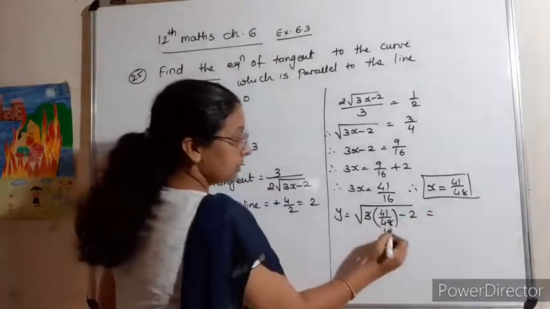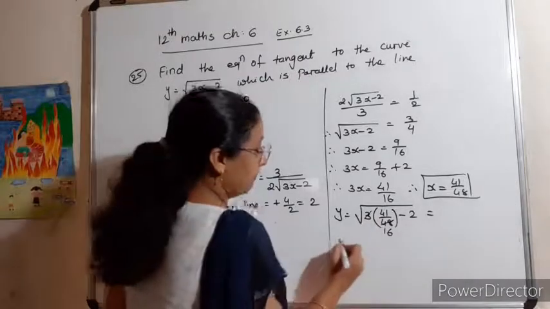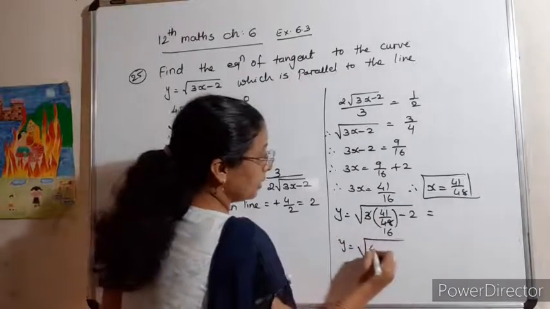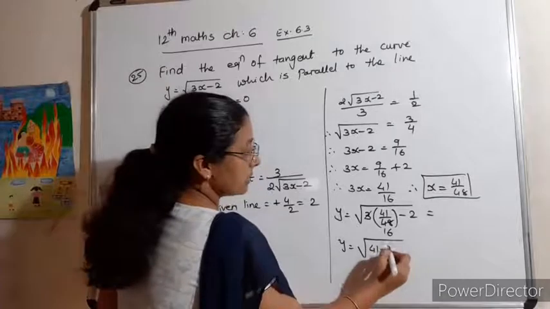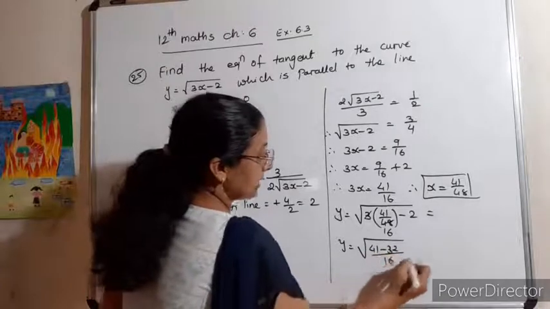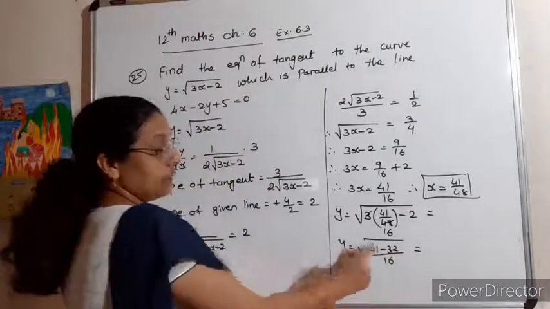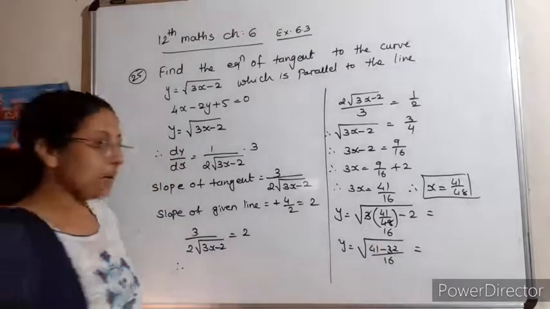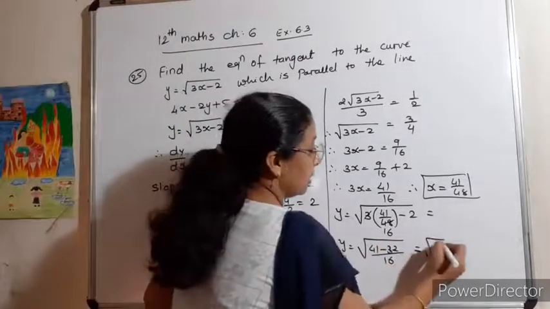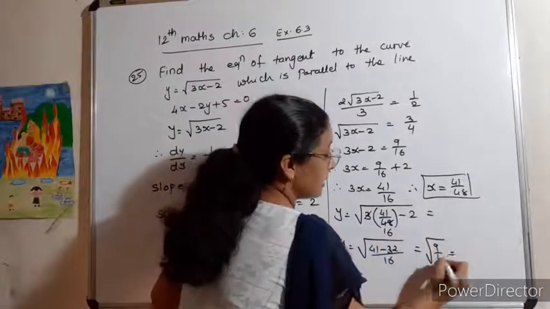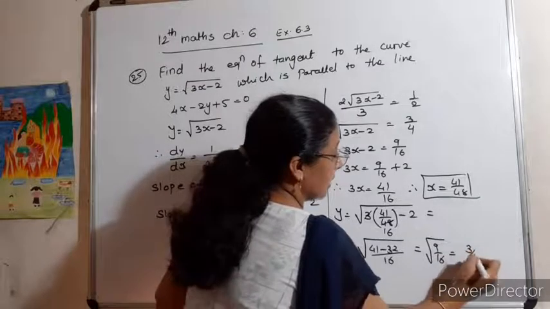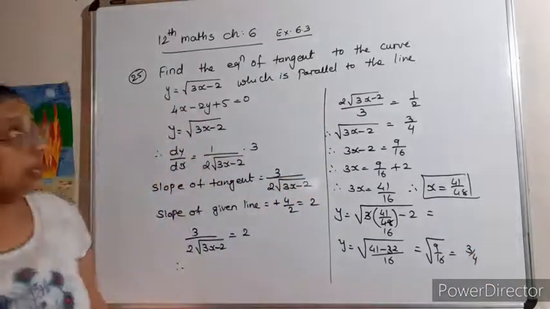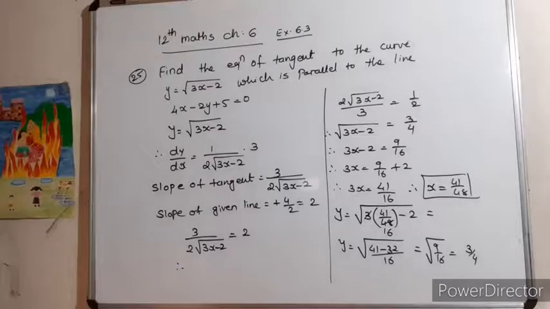So 3 16s, and y is equal to (41 minus 32) by 16. So that is 41 minus 32, again 9 by 16. So here 9 by 16, that is 3 by 4. So the value of y, what did we get? 3 by 4. Yes or no?